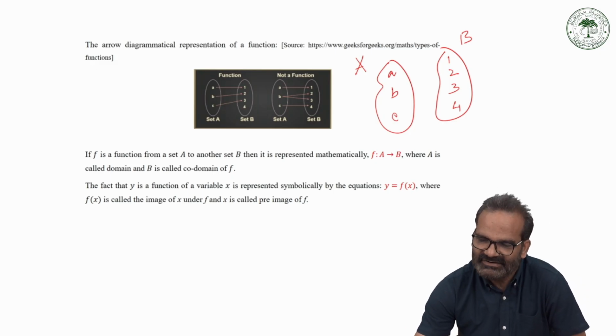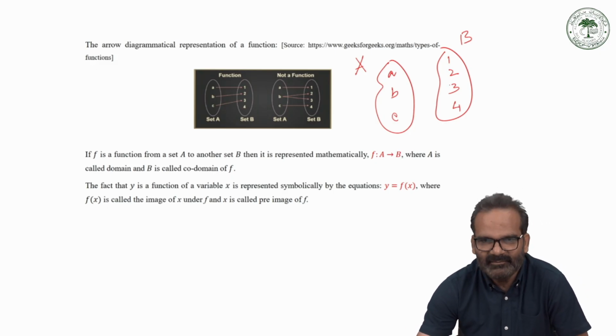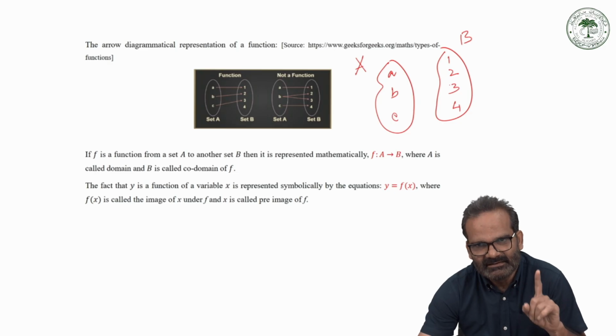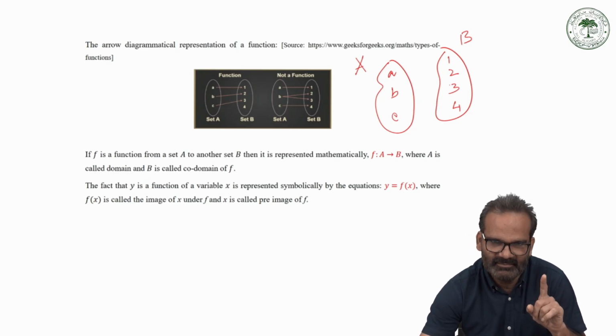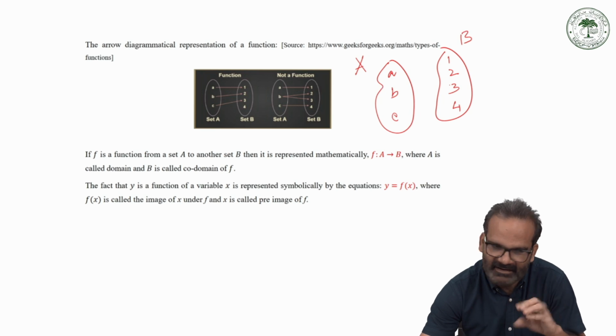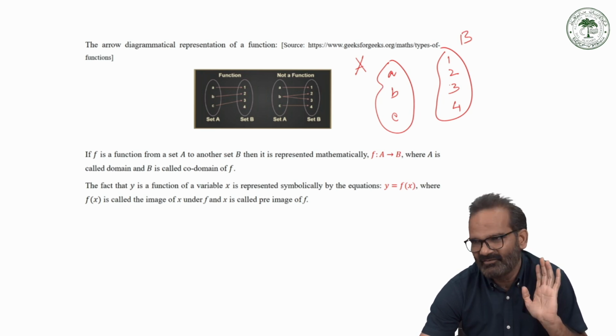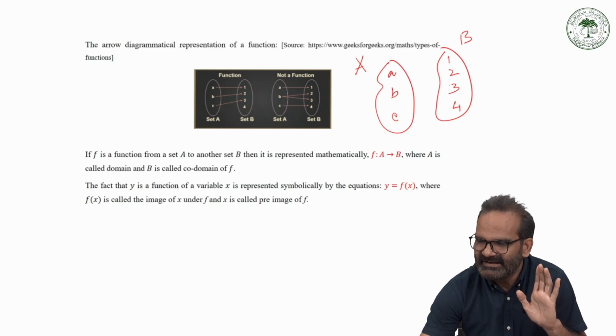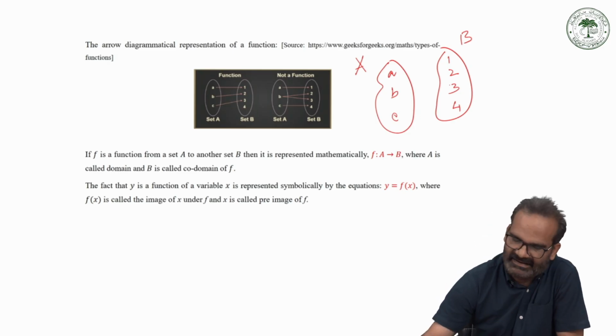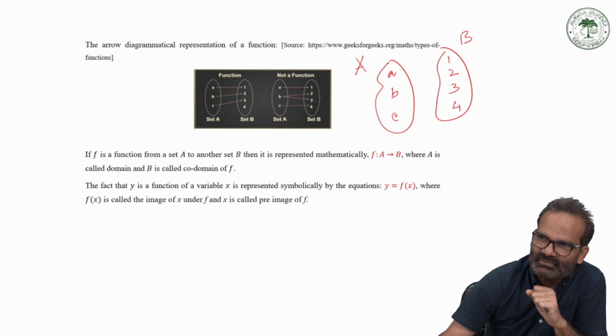Two points you should keep in your mind before proceeding. A and B are any two different sets. Number 1, A and B may have the same number of elements or they may have different numbers of elements. It's immaterial how many elements A and B have. Second, we defined a set in the last lecture.